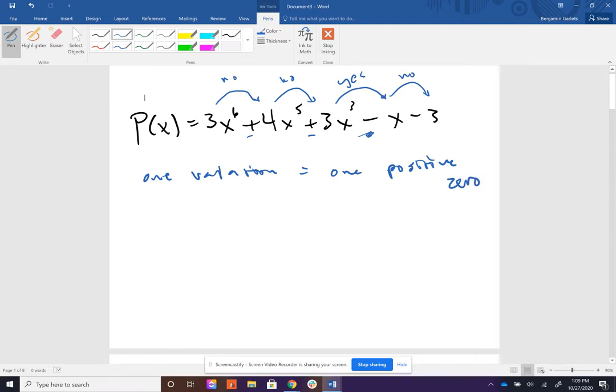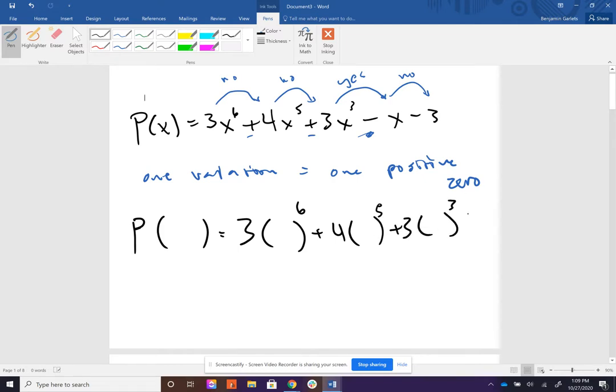The second half of this is to check if there are any negative zeros in this function. The way we check that is we put in a negative x for our input. I'm going to write all of my inputs as parentheses right now, and then you'll see why. I'm just rewriting this polynomial.